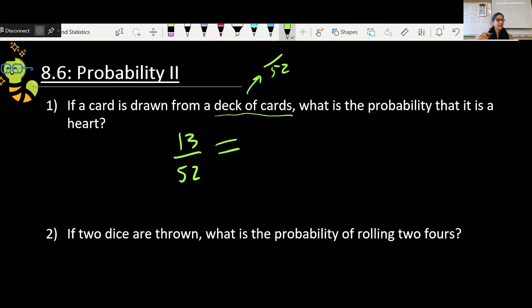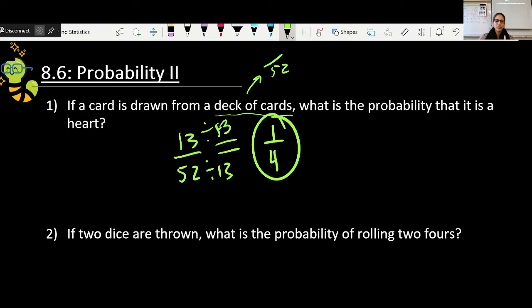We can reduce it. So I purposely used a deck of cards because 13 is a prime number. Everybody sees that? Because only 1 and 13 go into it. But 13 does go into 52. How many times? Yeah, so if we divide this by, whoops, I was going to say 4. Divide that by 13 and divide that by 13.